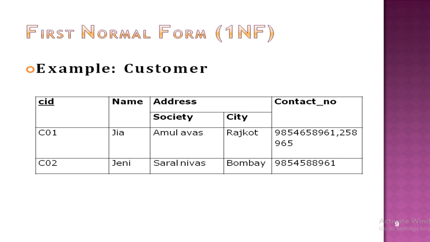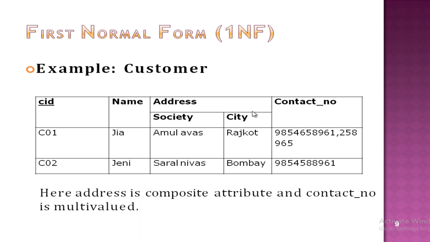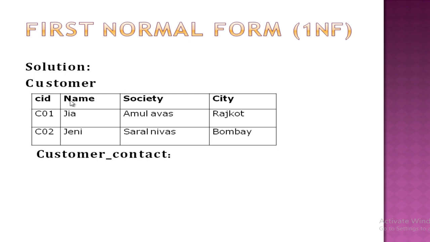Yes, we have already discussed that the composite attribute is the address, and the multi-value attribute is the contact number. Next, here is the solution for how we can remove the composite attribute. Here we have CID, customer ID, name, society and city.